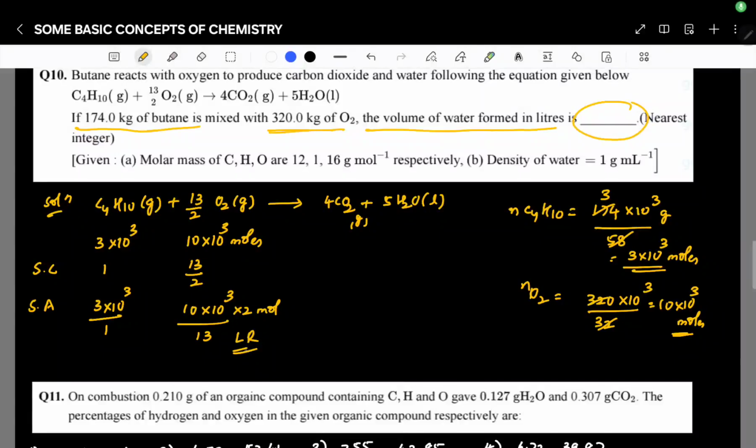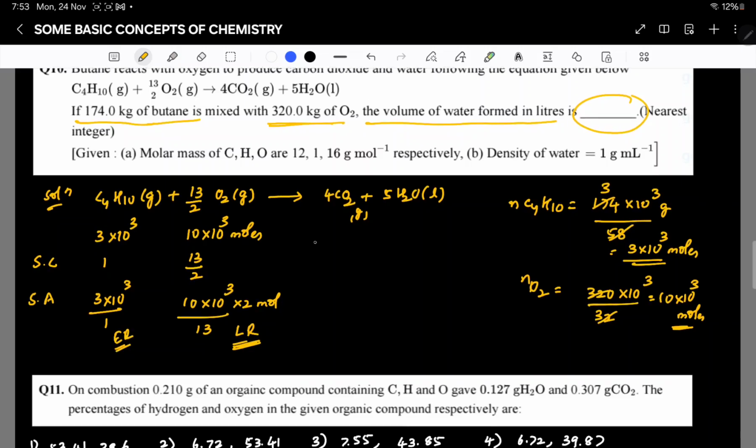O2 is our limiting reagent. So what is the limiting reagent? Oxygen is our limiting reagent. The excess reagent is what? Butane. Okay, right, student. 13 by 2 moles of O2 gives 5 moles of H2O.